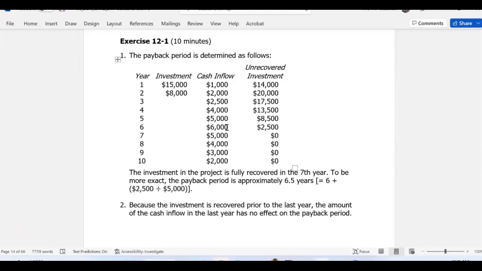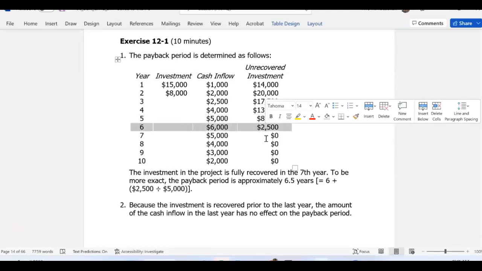So one more in year 6, we're going to have another 6,000. That's 2,500. So 2,500, but we have in year 7, 5,000, right? So how long it takes to recover? So already we have 5 up to here, right? And then we have year 6. Okay, that's up to 6 years.